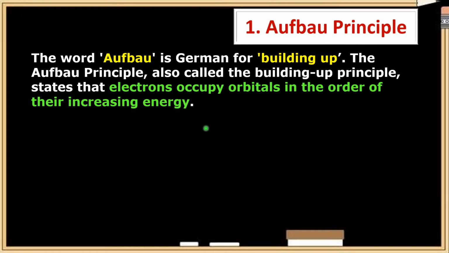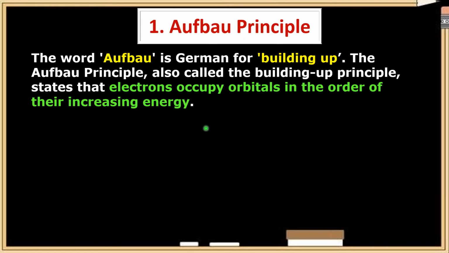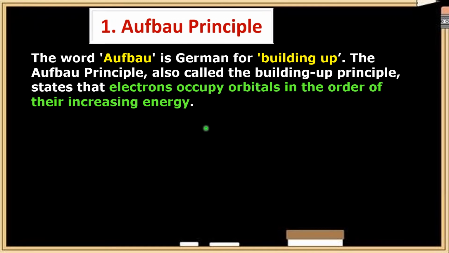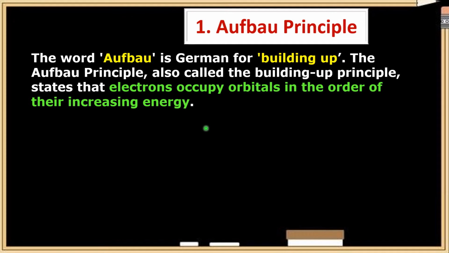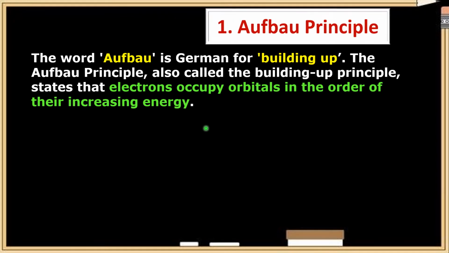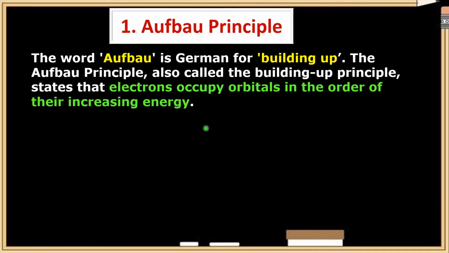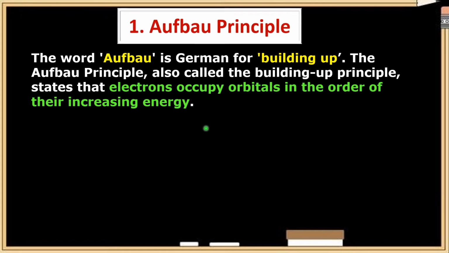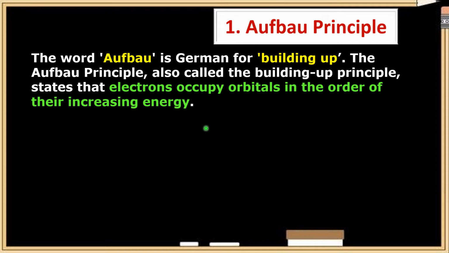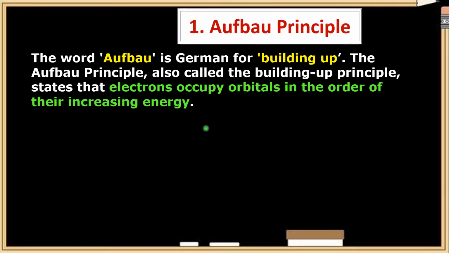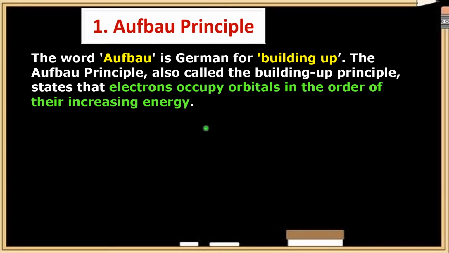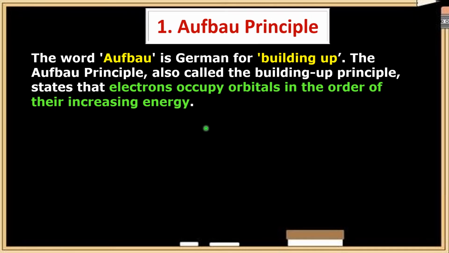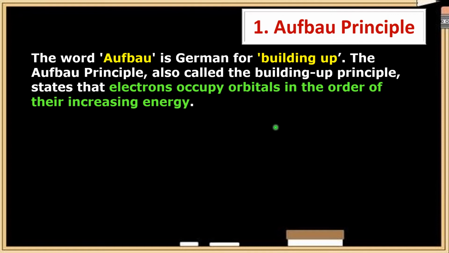That is, lower energy orbitals are filled first, then higher energy orbitals are filled. So the n plus l value of any orbital gives its energy level. If two orbitals have the same n plus l values, then the orbital which has the lower n value will have the lower energy.